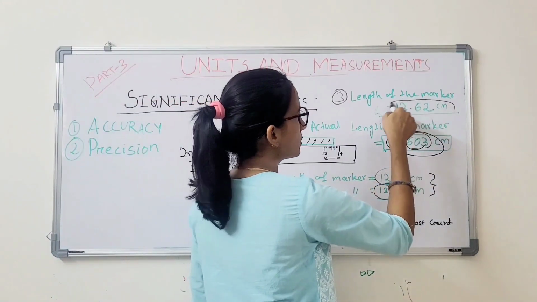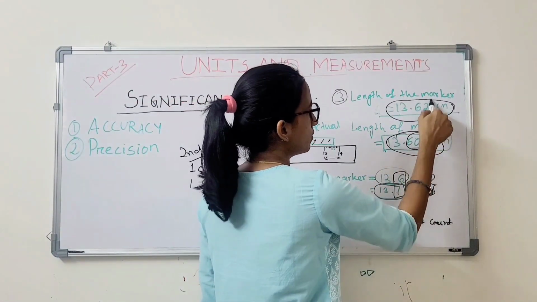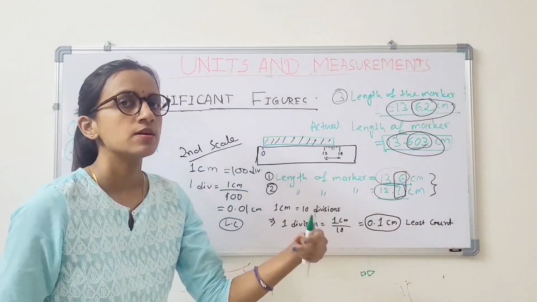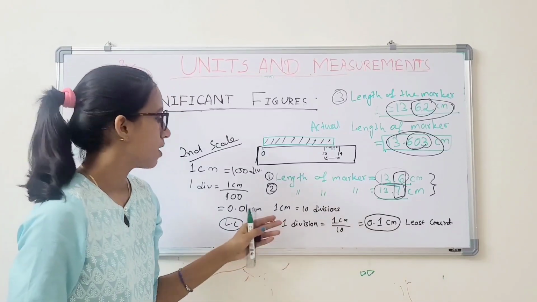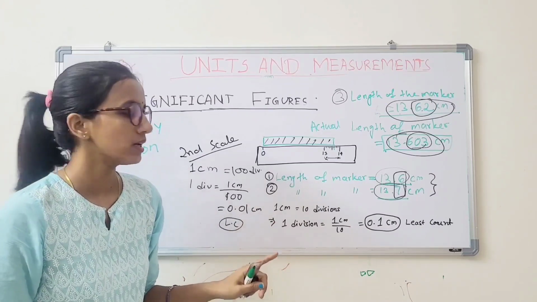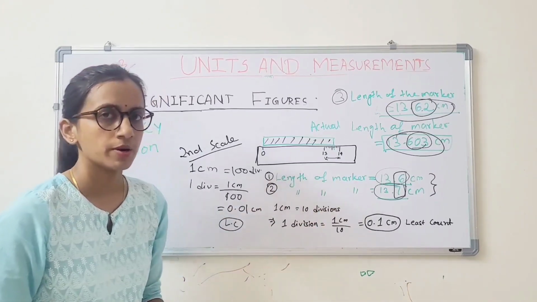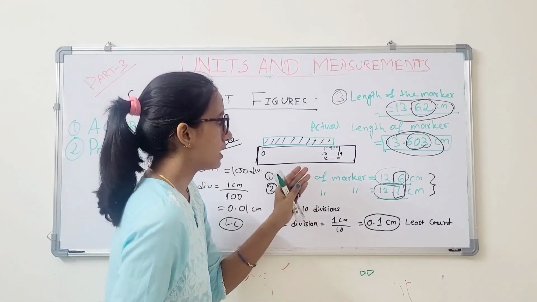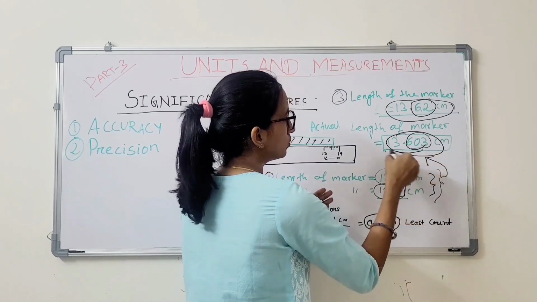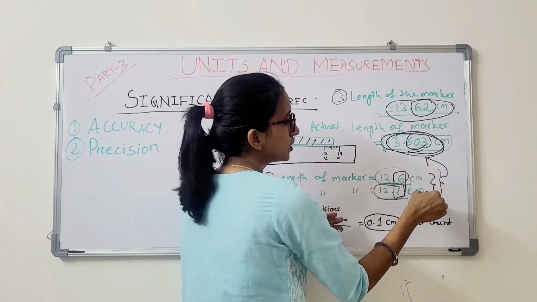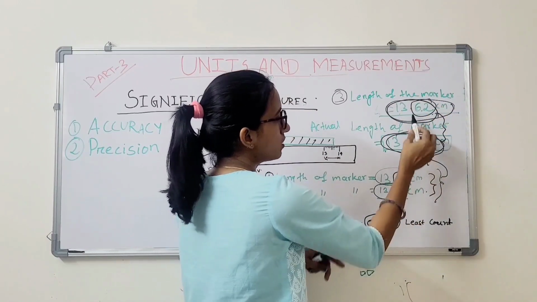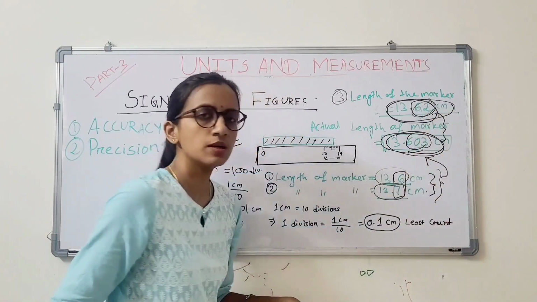And in this case precision is higher than these two values because the scale used in this case has higher precision in comparison to this scale's precision. So precision is directly connected with the least count of an apparatus. So these two values, although they are close to the true value, are not much precise, but this value is more precise because it can read up to the second decimal number.